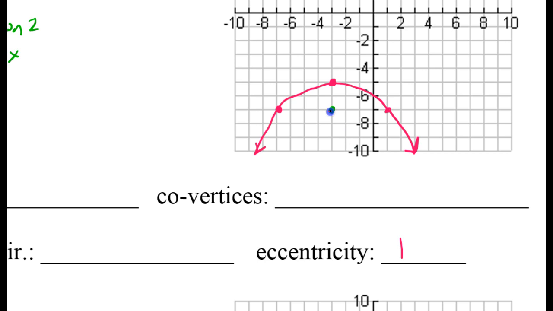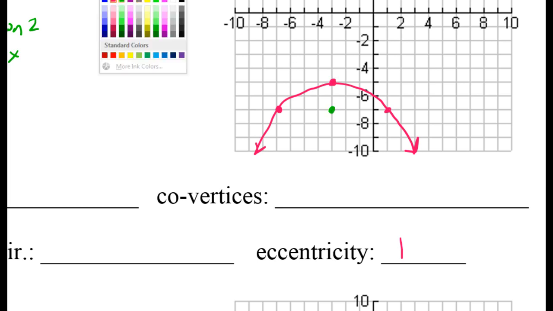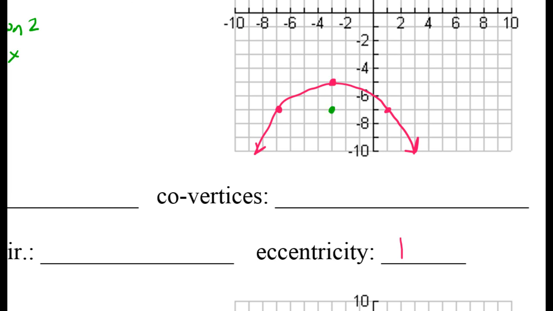Now, so we've got the focus. The directrix is the same distance away from the vertex as the focus is, but it is in the opposite direction. So the directrix is a line. So if the focus is 2 down from the vertex, then the directrix will be 2 up from the vertex.